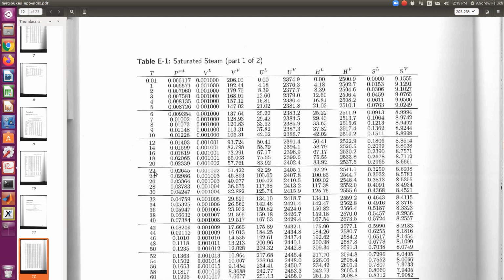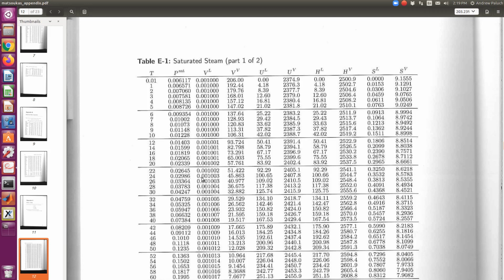Atmospheric temperature is about 25 degrees C, so let's just say 24 here for simplicity. The molar volume of my liquid phase is 0.001003.